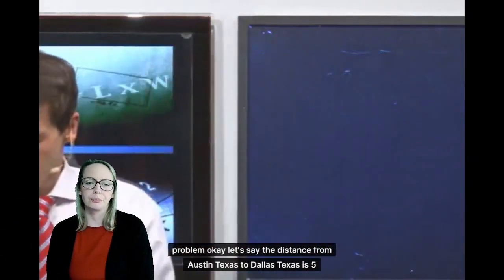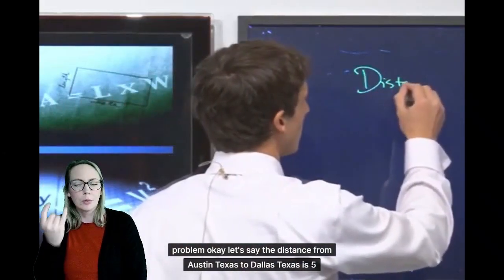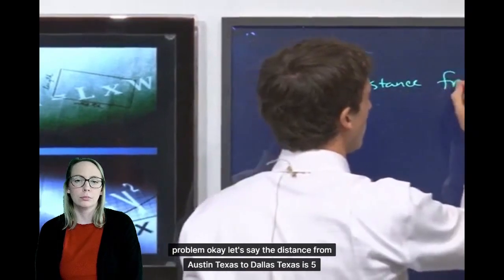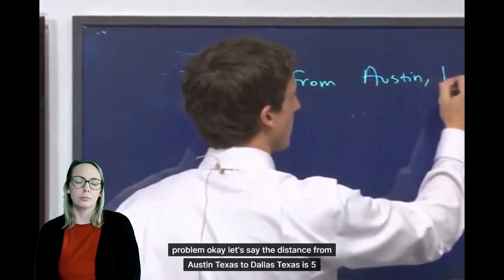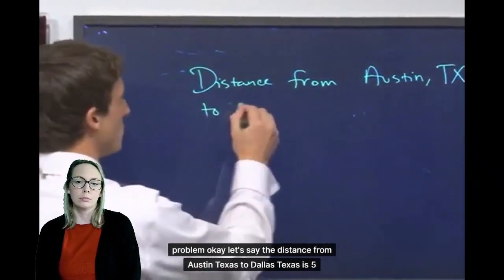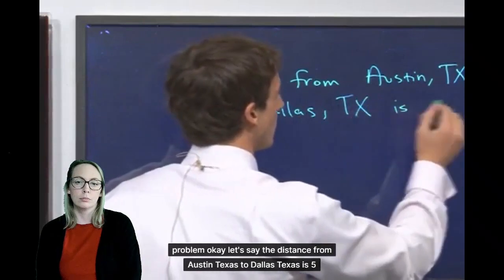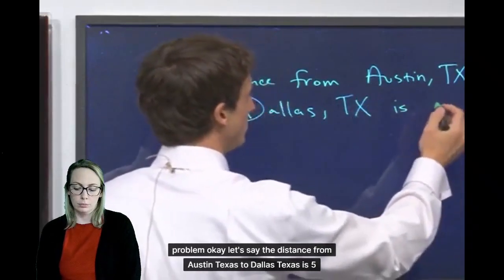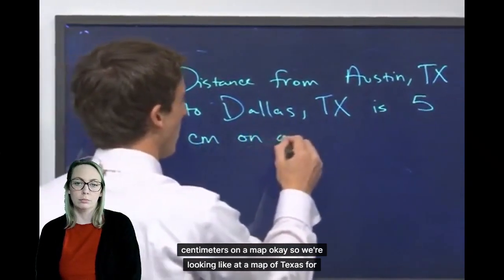Okay. Let's say the distance from Austin, Texas to Dallas, Texas is 5 centimeters on a map.